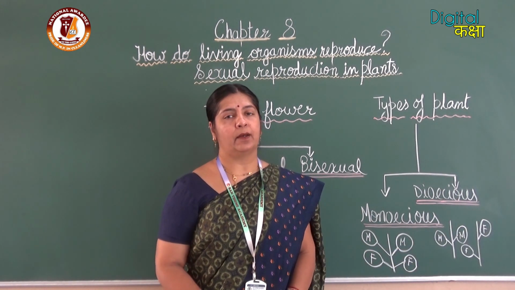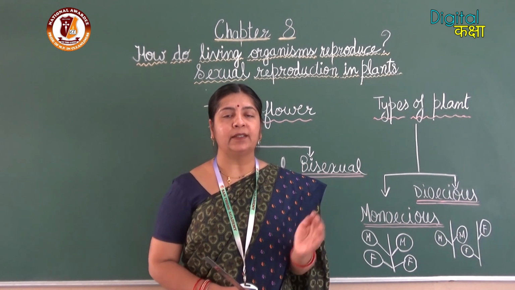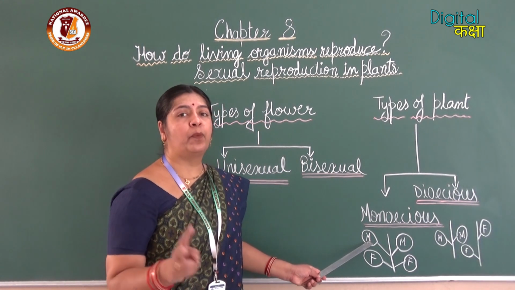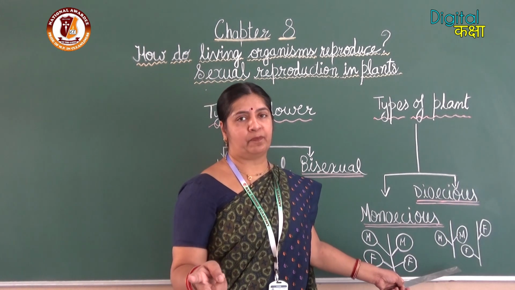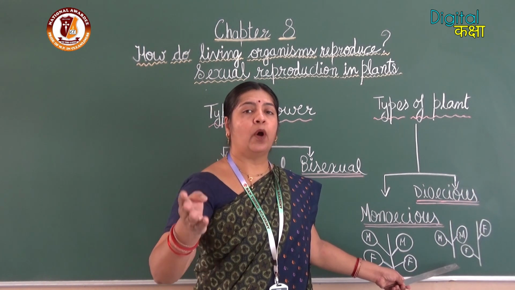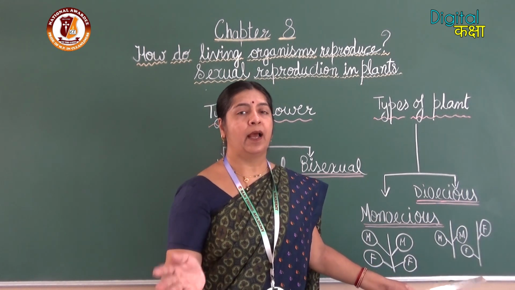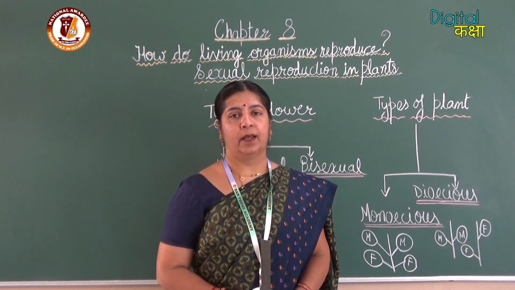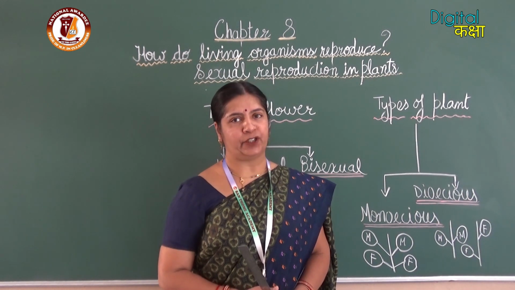So plants can be of two types, monoecious and dioecious. Monoecious plants have both the unisexual flowers and dioecious plants bear only one type of unisexual flower, either male or female. After this, we will continue with pollination.